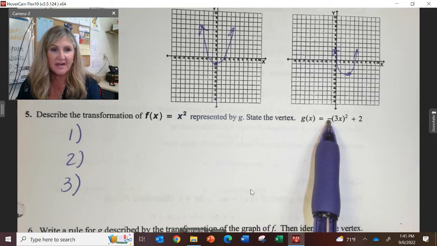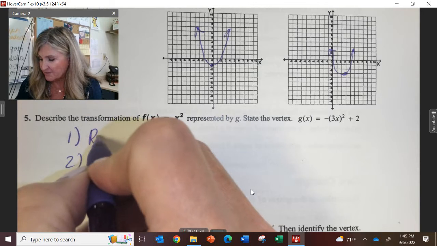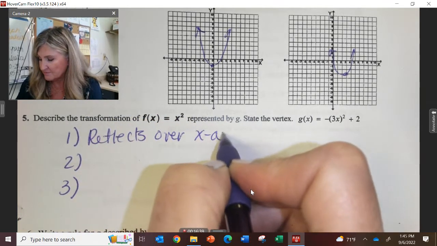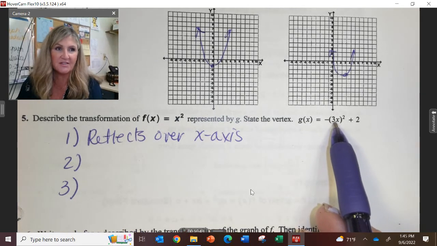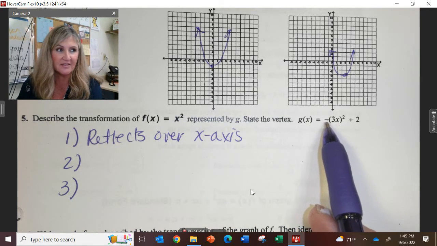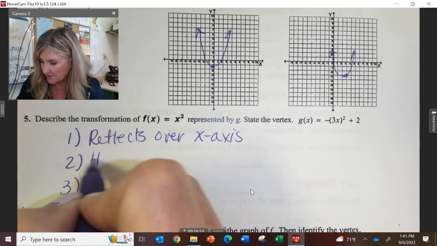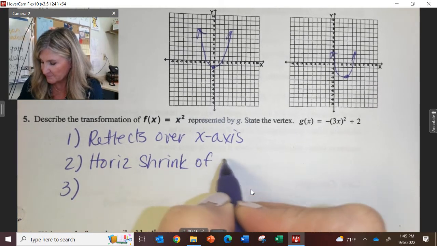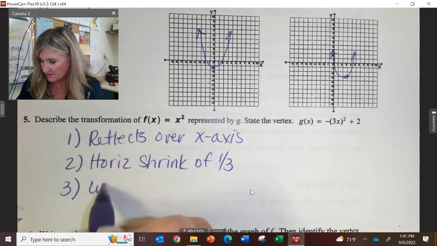Okay, guys, so what does the negative out in front do? Reflects over what? Okay, what does replacing the x with a 3x do? Be careful with that. And then what's this do? It takes us up 2.